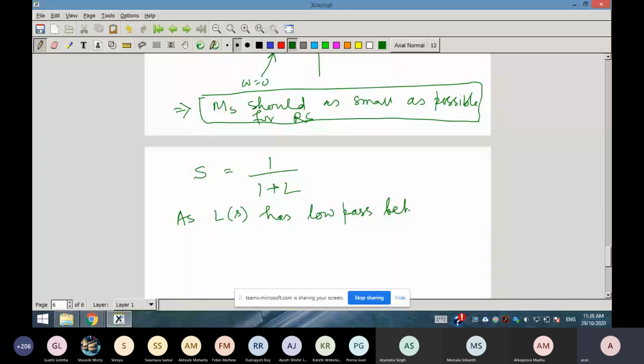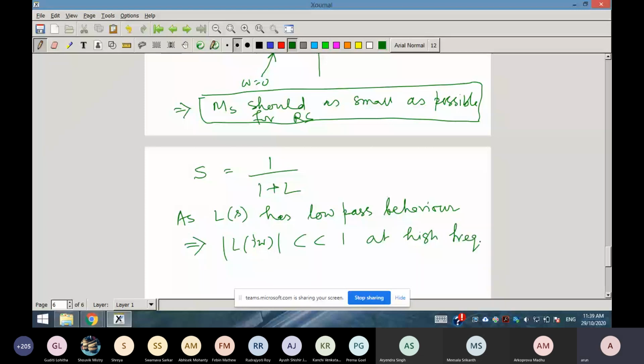Why does L have low pass behavior? Because most of the physical plants are strictly proper in nature, and the controller is biproper or bicausal. So that's why L is always a strictly proper transfer function, and so L has low pass behavior. So this means L(j omega) is much less than 1 at high frequency.